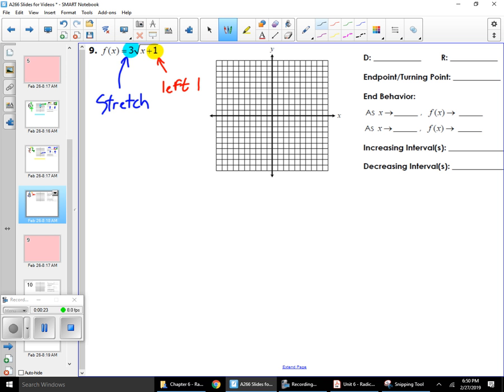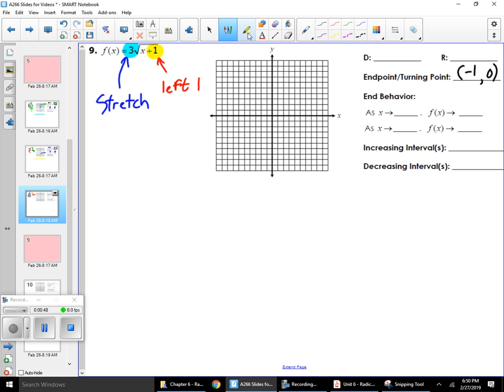So when we have a stretch or a compression, using the pattern is a very quick way of graphing. Since I'm moving this whole graph to the left one, and I don't have any k values at all, there's no +1, +2, +3 on the outside of the radical, our endpoint is going to be -1, 0.